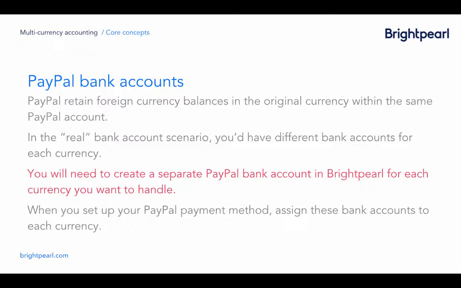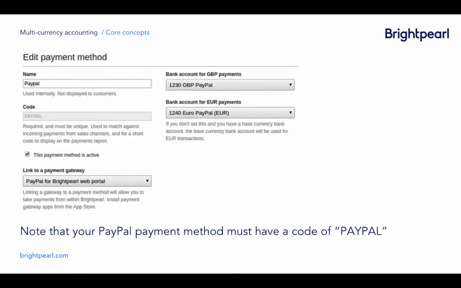So you can retain the equivalent value in your Brightpearl system as is shown on your PayPal account. And here's a little screenshot of the payment methods. So you can set up for each of your currencies the relevant bank account for that particular currency. And I'll come back to payment methods and orders later, but this is just a quick introduction to PayPal being different.